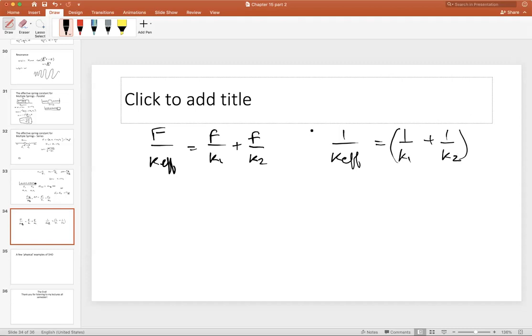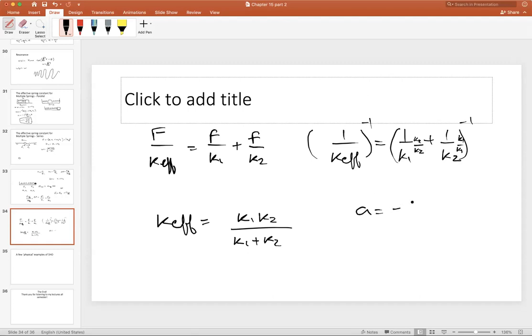Now, if I take the inverse of both sides, I basically flip these over, I get that K effective, and I would need to multiply this by K2 over K2 and this by K1 over K1. I see that I get K1 times K2 over K1 plus K2 is my K effective. And therefore, A is equal to minus K effective over the mass of my system times X, or that omega, in this particular case, is the square root of K1 times K2 over K1 plus K2 over M.